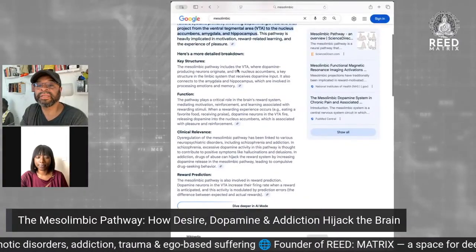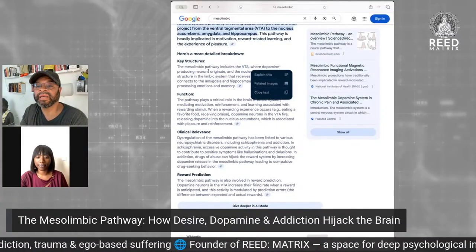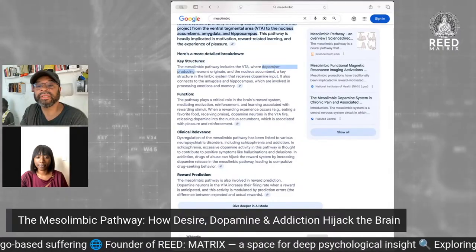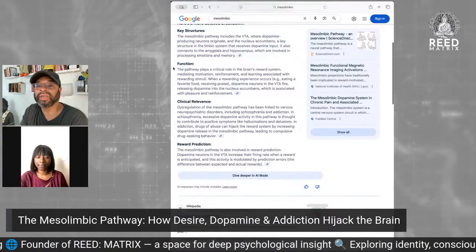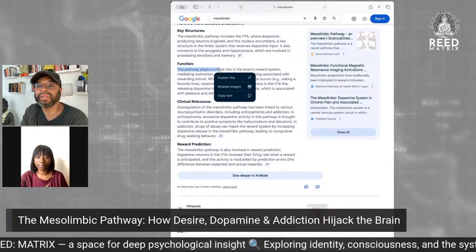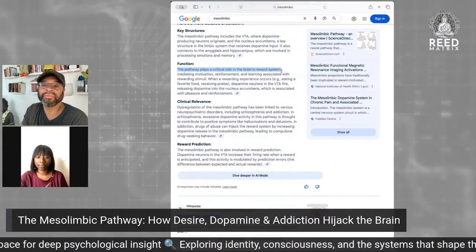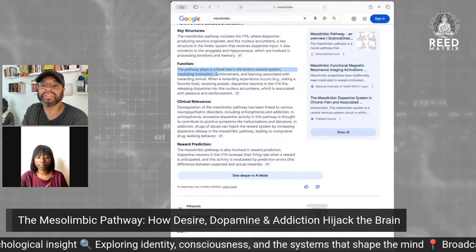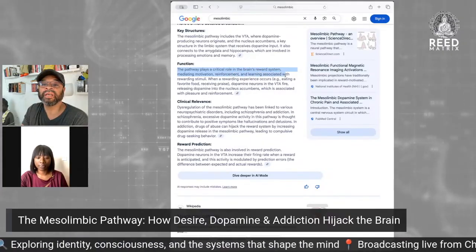Okay, mesolimbic here, VTA, basically dopaminergic neurons. The pathway is crucial in the role of the brain's reward systems, motivation, reinforcement, and learning.